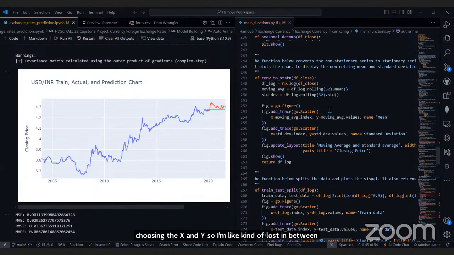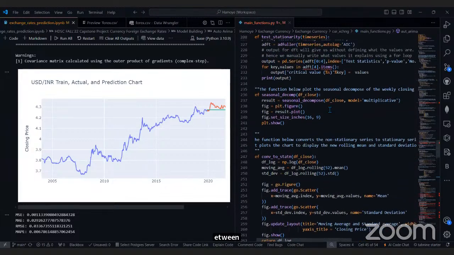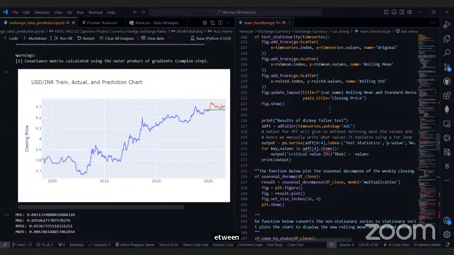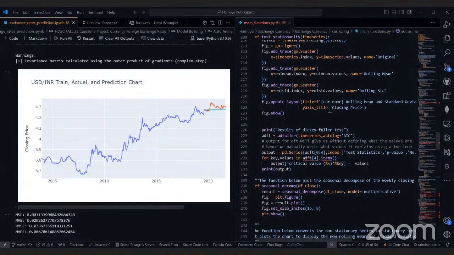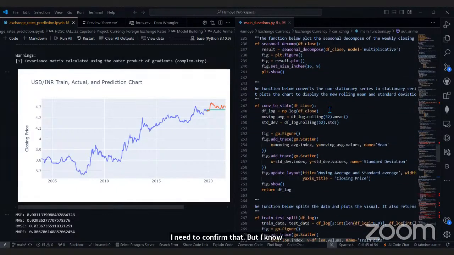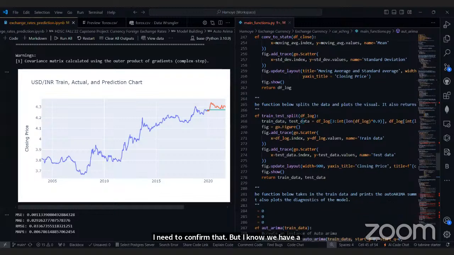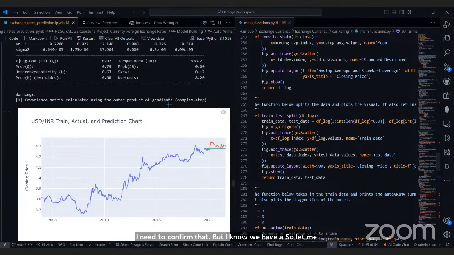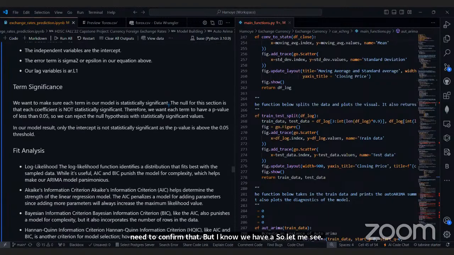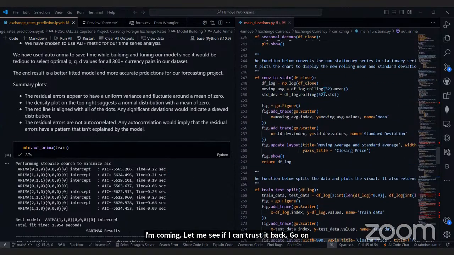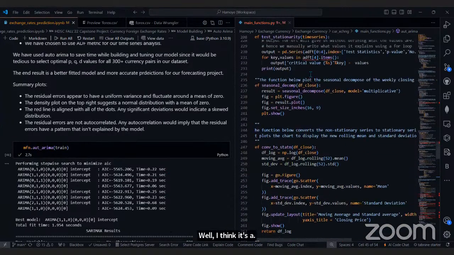Okay. Let me trace it back. I need to confirm that before I answer, because I know we have univariate time series and multivariate time series. Though our time is out, I think this is a univariate analysis.